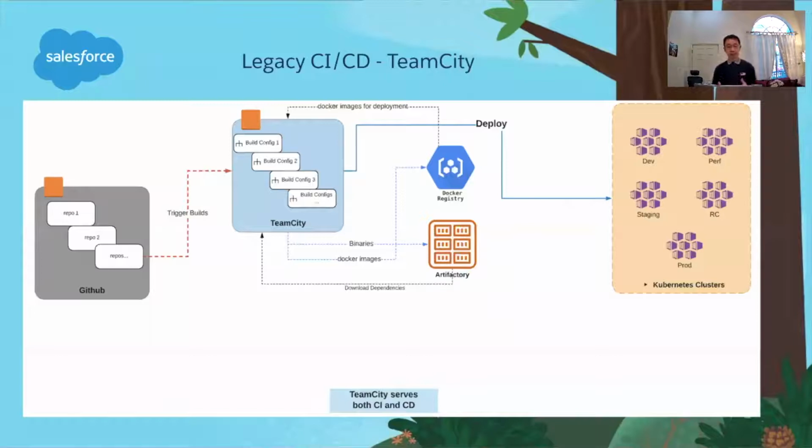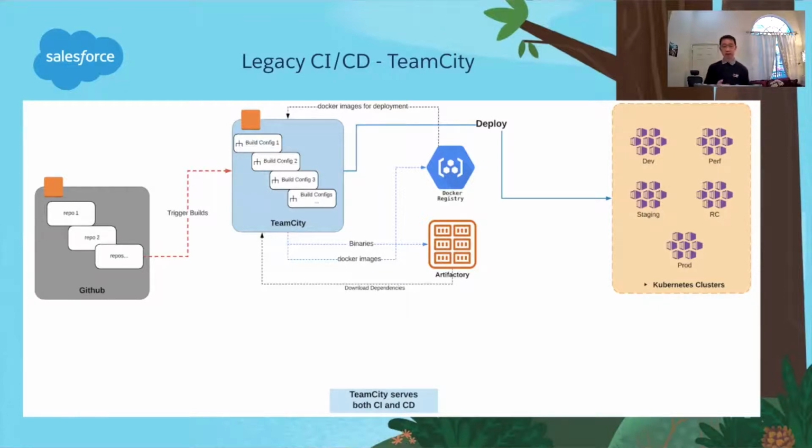This is a diagram representing the old, legacy way of CI/CD. Basically, both CI and CD are implemented by TeamCity. As we can see, GitHub is the source control. We trigger the build from GitHub. In TeamCity, we do the construction, building of binaries, and testing. In turn, TeamCity publishes the artifacts to Docker registry and Artifactory.